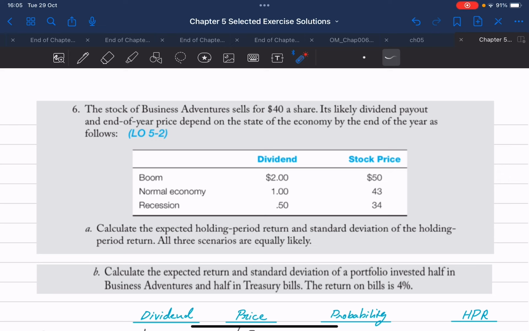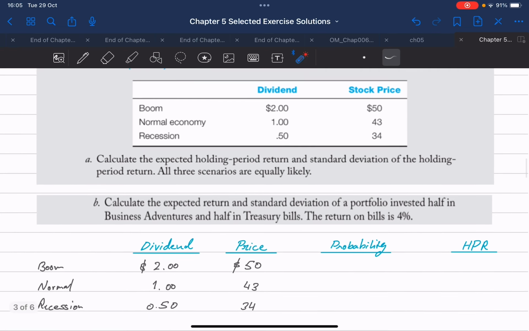So the main difference between this exercise and the exercise before is that we don't have the holding period return for each scenario. Instead, we do have the ending price and the beginning price per share. The way I'm going to do this, you can either apply your calculation for each scenario as a formula and then write it down, or you can do what I'm about to do here.